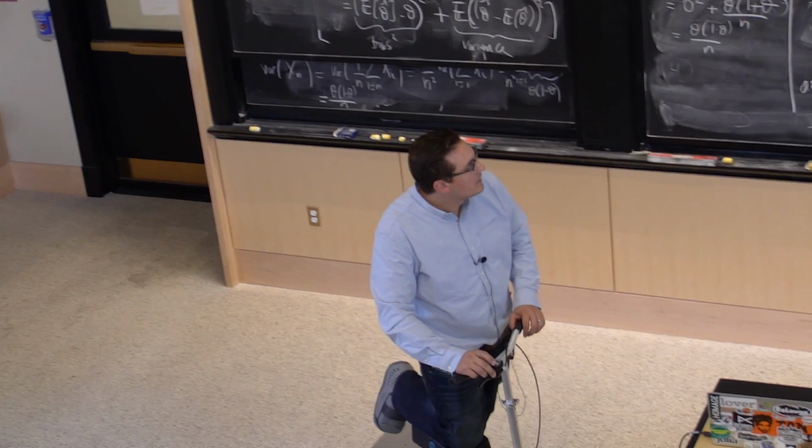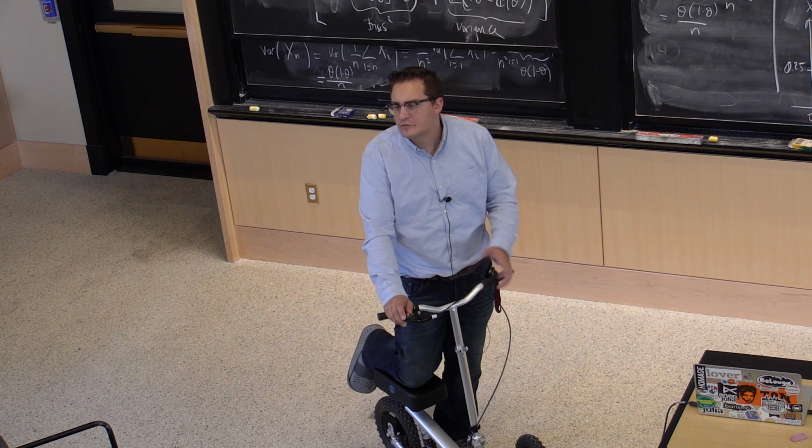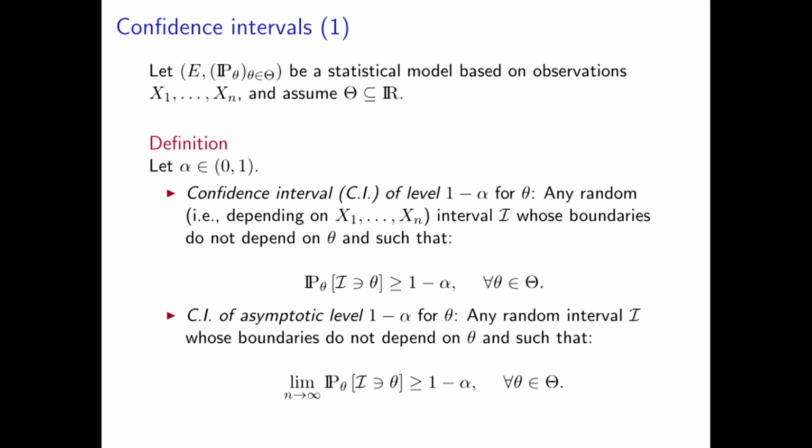I'm just going to go quickly through those two remaining slides because we've actually seen them, but I just wanted you to have somewhere a formal definition of what a confidence interval is. We fixed a statistical model for n observations, x1 to xn. The parameter theta here is one-dimensional.